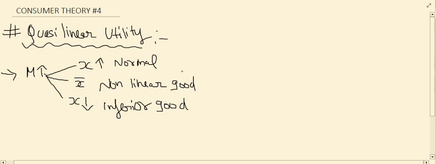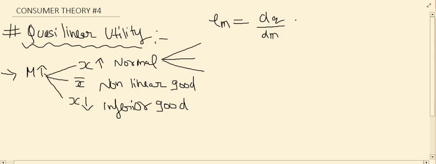Now, another thing we can add to this analysis is that there can be three bifurcations for income elasticity of demand. For income elasticity, we say dq by dm into m by q. Change in quantity demanded upon change in income into income upon quantity.